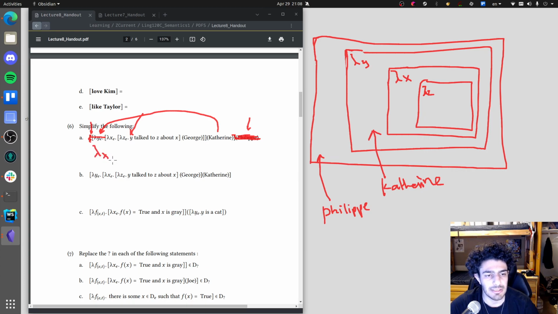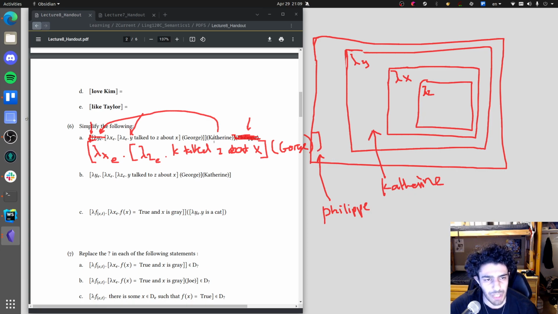So lambda x of type E, and then we have lambda z of type E, and then Catherine, I'll just abbreviate as K, talked to z about x. And now here's our closing, and then we have George after here. So George. And then we have our final two brackets.